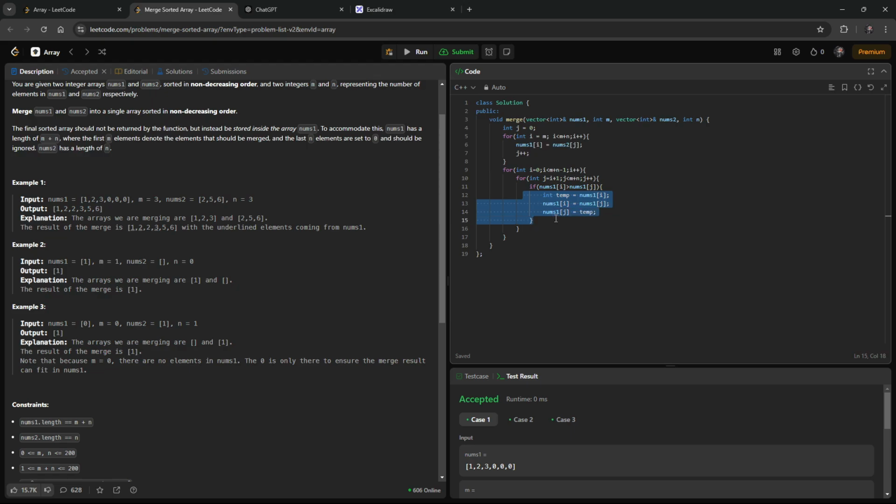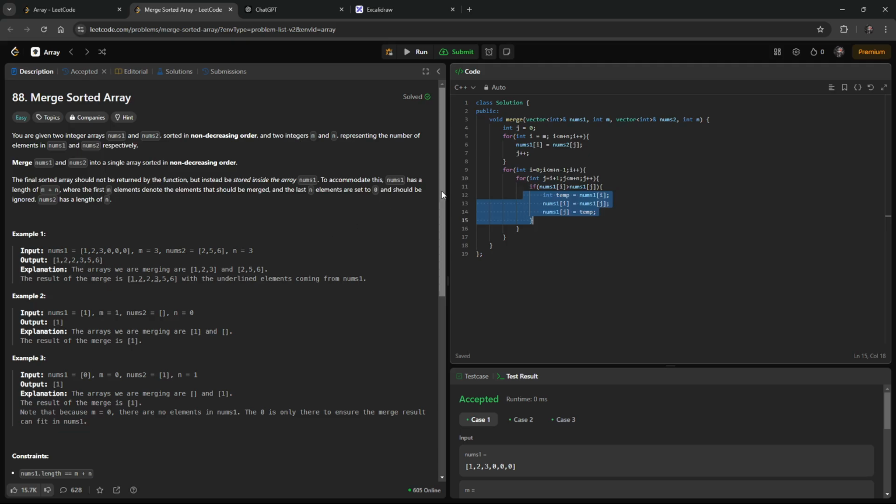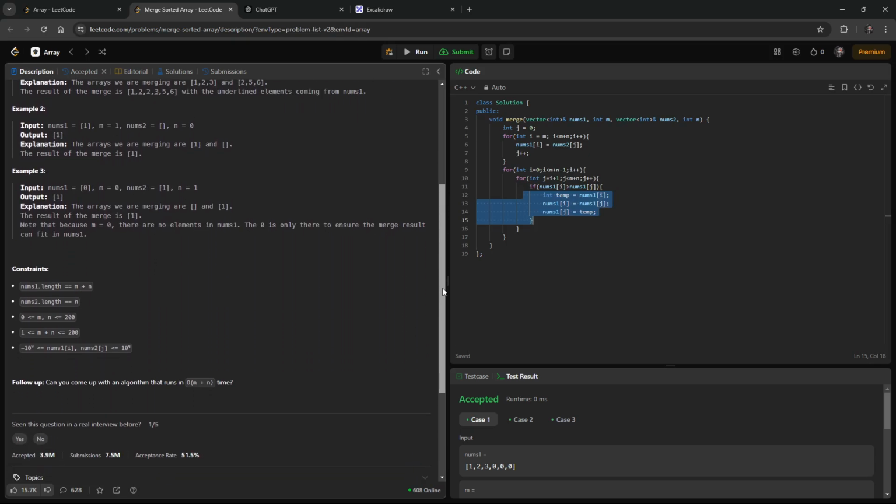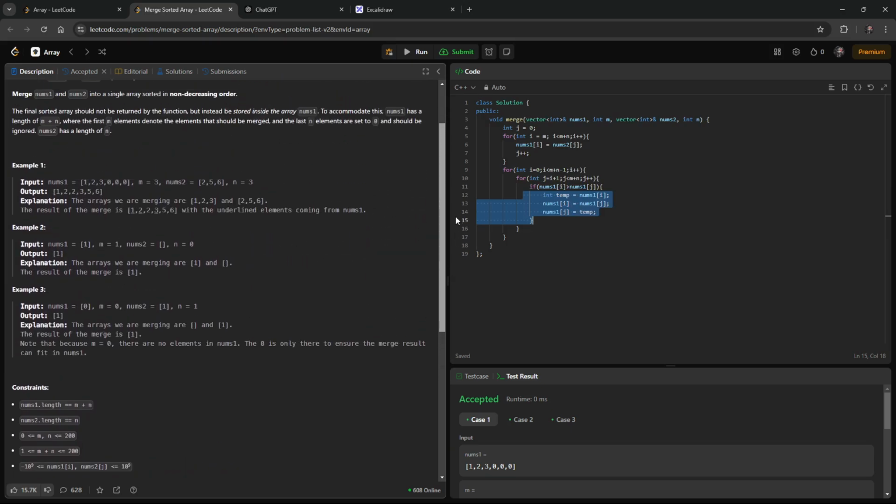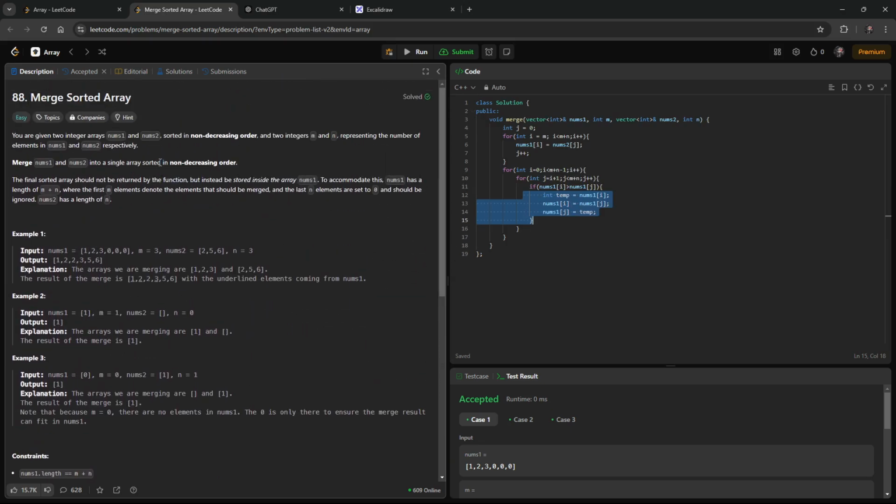It would have made our question more difficult for the compiler to compile, and it would have taken much more time than it should have.